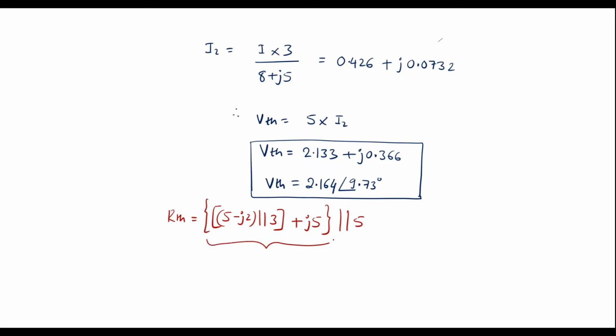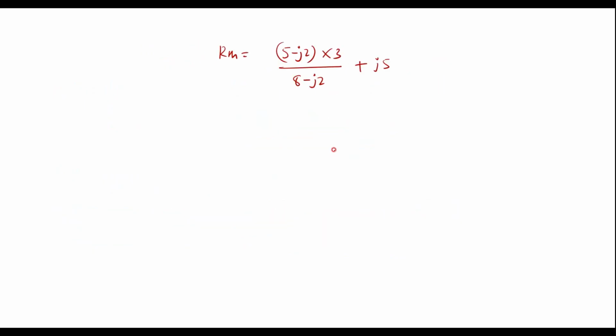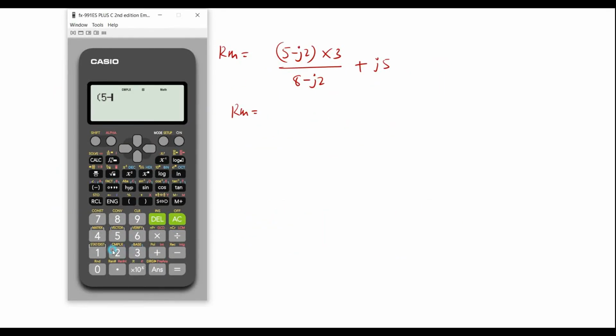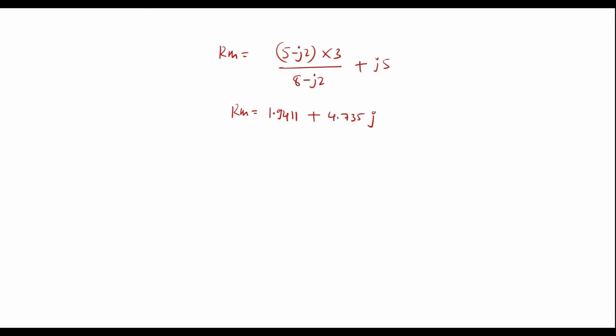Opening the bracket, 5 minus 2i into 3 divided by 8 minus 2i, plus J5. We'll get some value, and this whole thing is in parallel with 5.